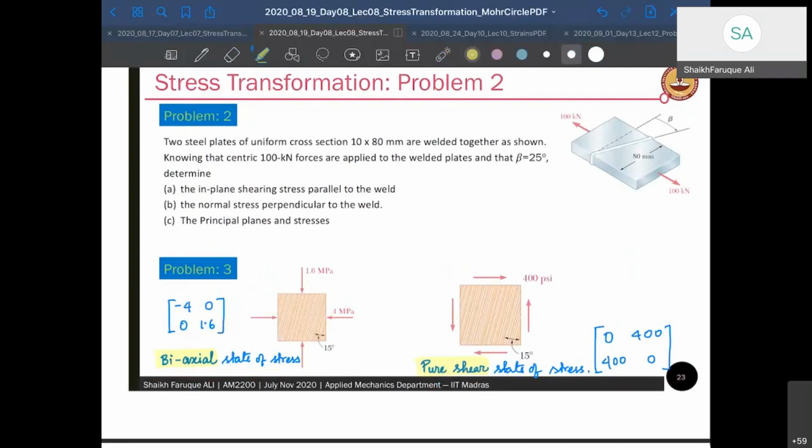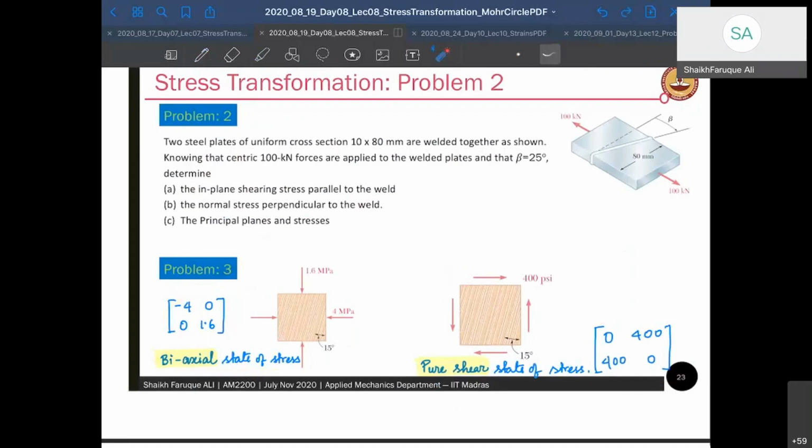So we should solve problem 2 or problem 3, sir? Some of you solve problem 3A and some of you solve problem 3B. Sir, in 3A, both the normal stresses are compressive, right?